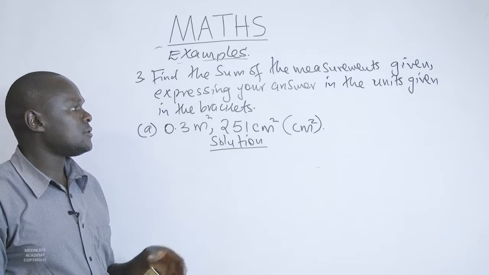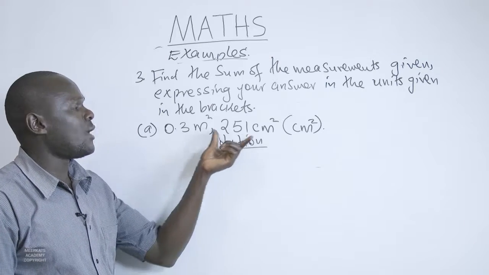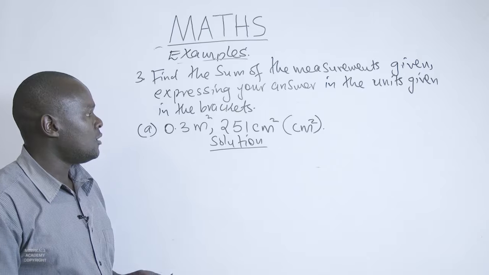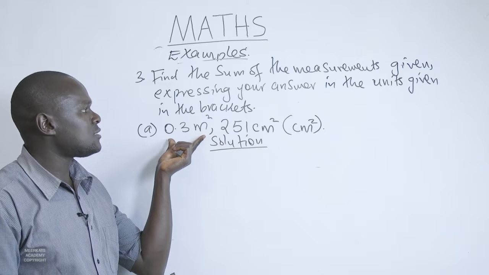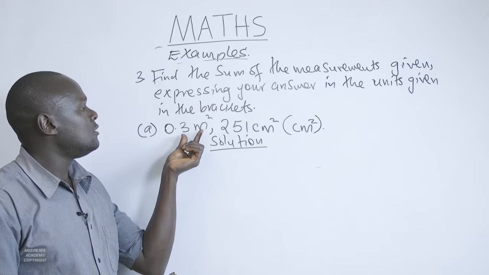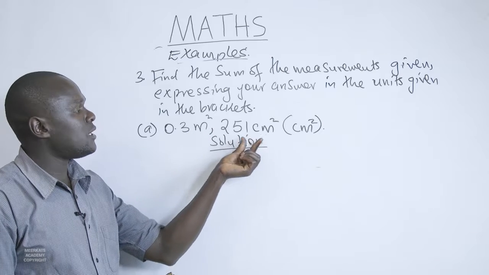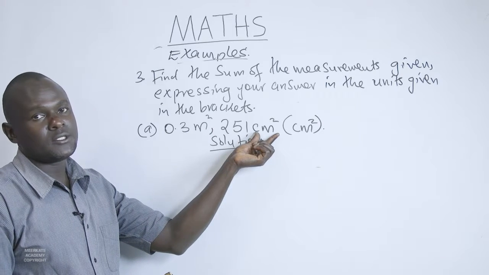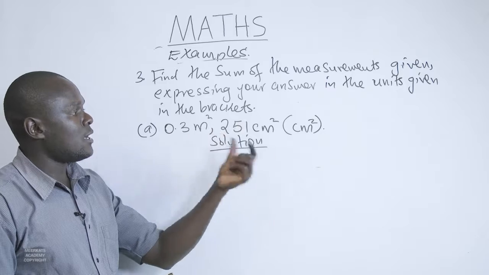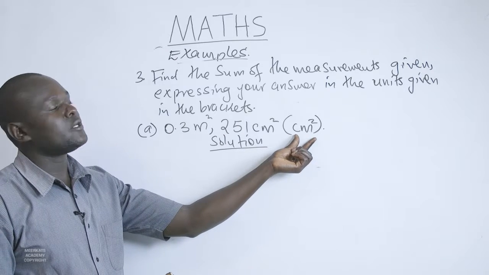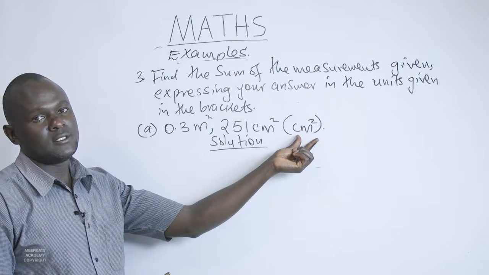For us to handle this, we are not just going to add them directly the way they are, because you realize that the first figure that we have is in square meters, while the second one is in square centimeters. And our answer is supposed to be expressed in square centimeters.